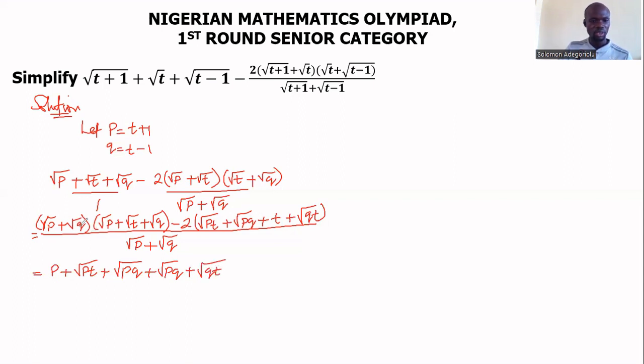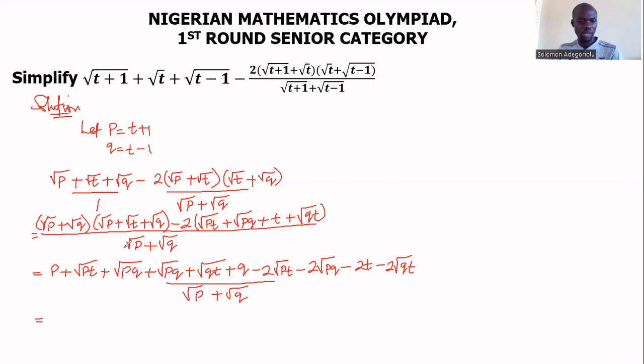And lastly, root Q times root Q gives Q. Then opening the bracket, we have minus 2 root PT, minus 2 root PQ, minus 2T, and lastly minus 2 root QT, then everything over root P plus root Q.